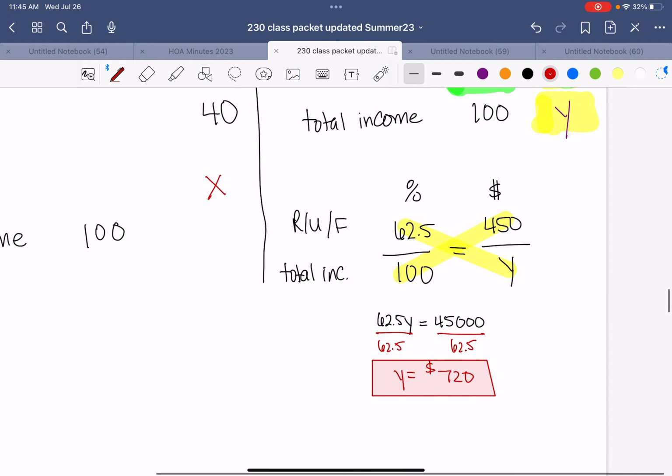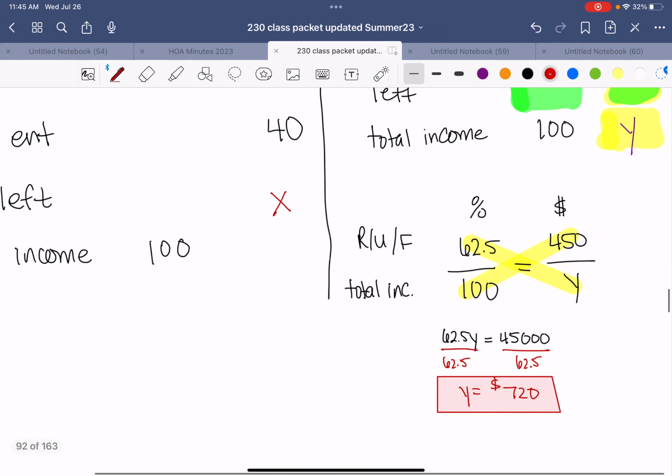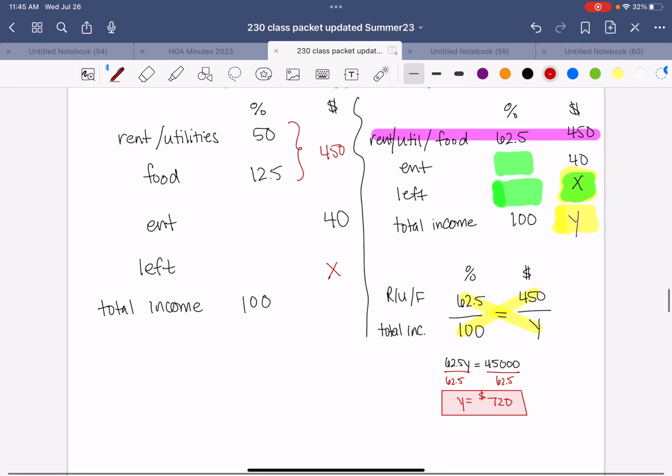Okay. So now that tells me what the total income for the month is. So now I know that this one is $720. So if I know how much the rent, utilities, food, and entertainment is, so that's $450 plus 40, and I know that all total she makes $720 a month, I can subtract to figure out what's left.